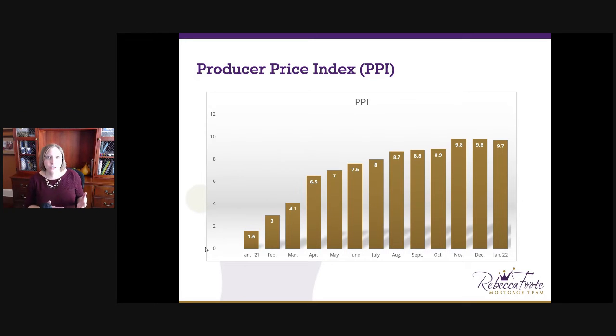So the manufacturers are actually eating that 2.5% difference. They're eating it in their pockets right now. So you have to watch PPI because it does affect CPI in the long run, because manufacturers can only eat that cost for so long. After a while, they got to pass it on to the consumer. So we do want to keep an eye on PPI because it does affect CPI.